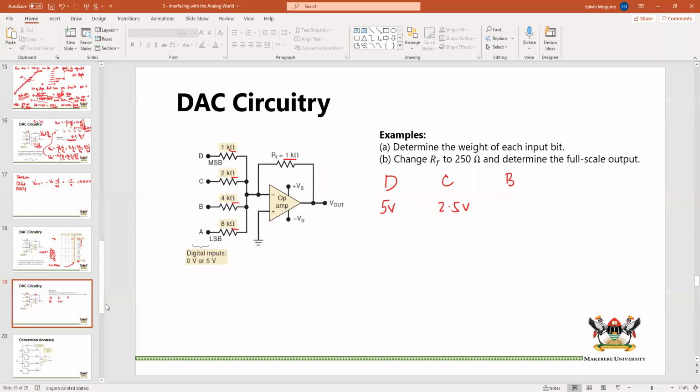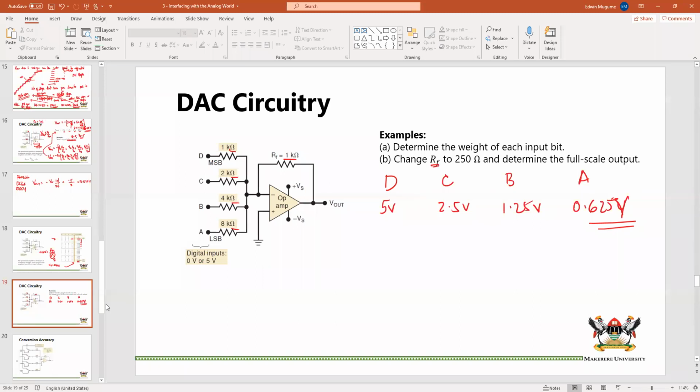For B, it will be 1.25 volts. And for A, it will be 0.625 volts. We just keep dividing by 2. And these could be negatives, it really doesn't matter. But you can see that this corresponds to the resolution that we talked about earlier.